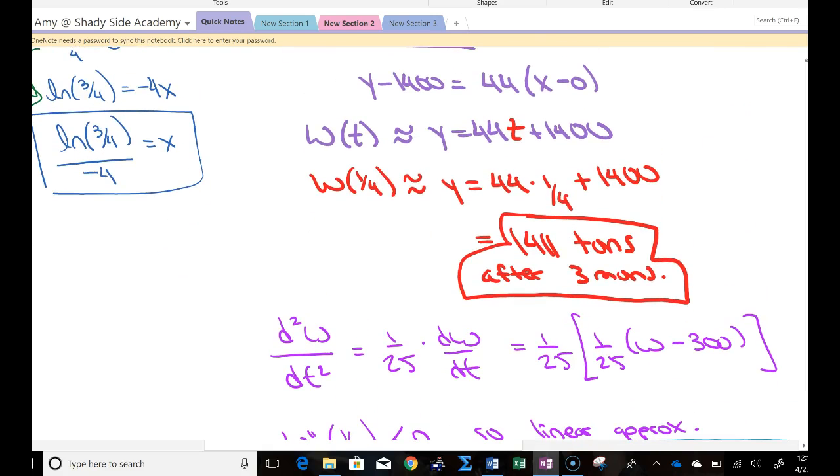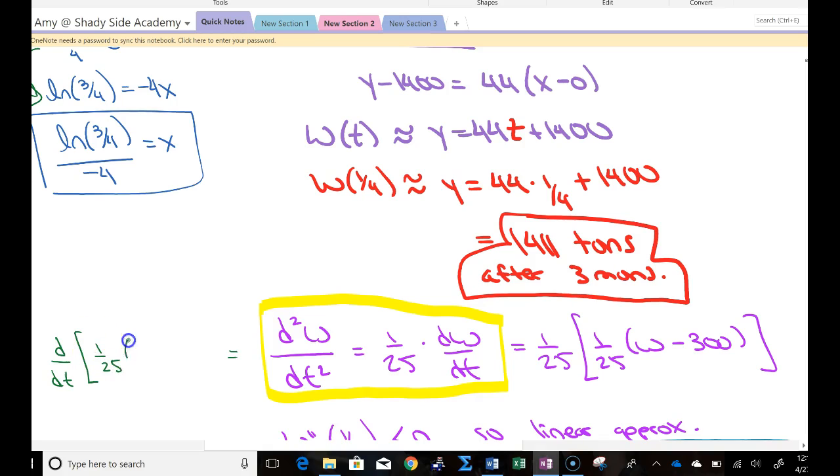Use the second derivative of W. The second derivative is 1/25th dW by dt. Why? The second derivative here is asking you to take the derivative with respect to time of dW by dt, which is 1/25th W minus 300.